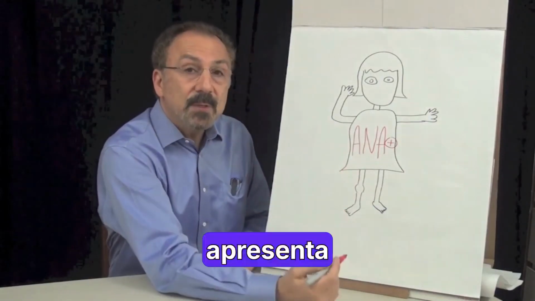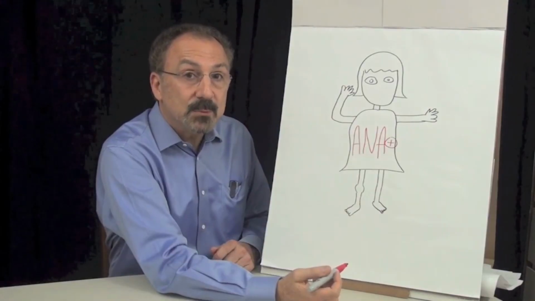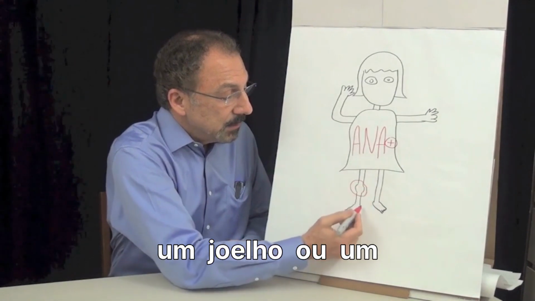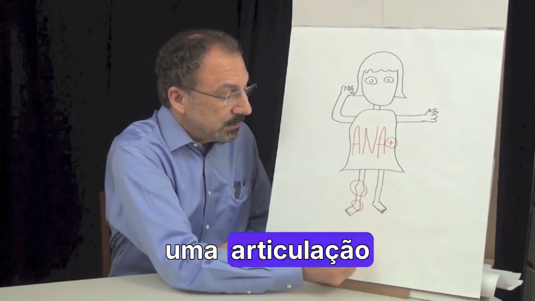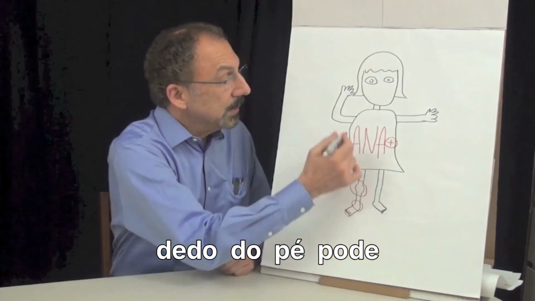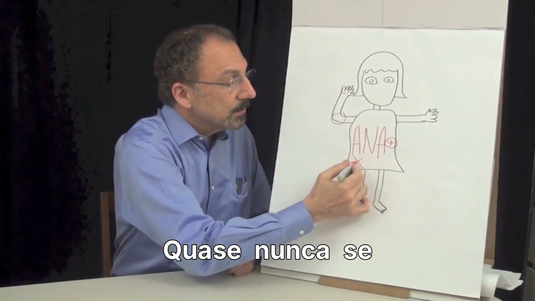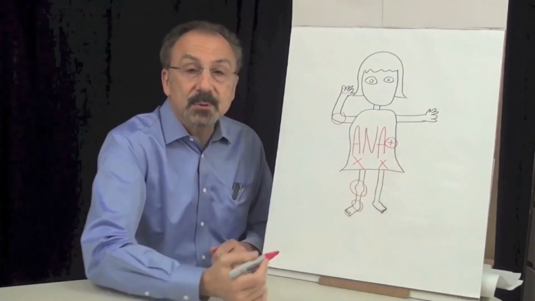Child presents with often 1, but maybe up to 5 swollen joints. Typically, it's a knee, or an ankle or subtalar joint, could be a toe, could be an elbow or a finger. It is almost never presenting in the hip joints.